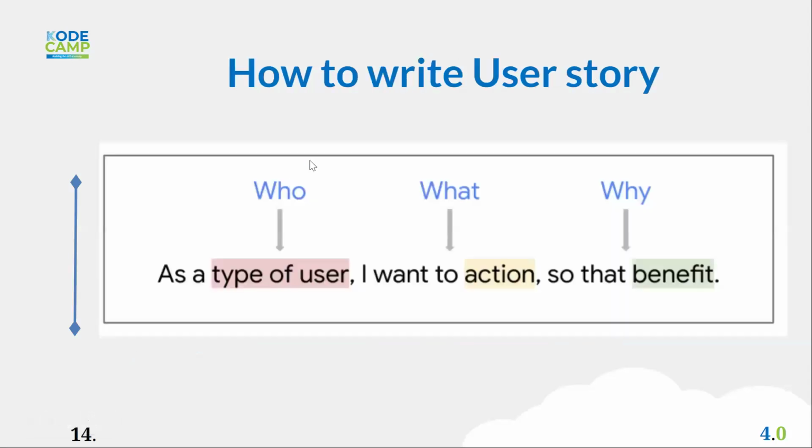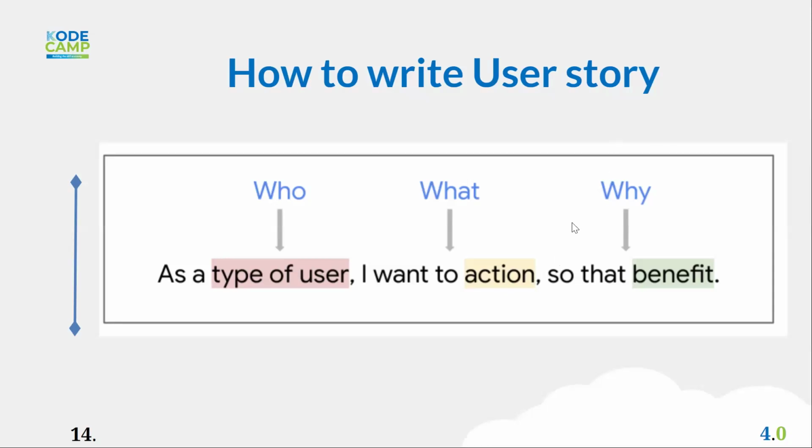Then this is how to write a user story. You have who, what, and why. As a type of user, who, I want to, what is the action, so that, why, the benefit. I know that's tricky, right? The type of user describes who you are designing for.